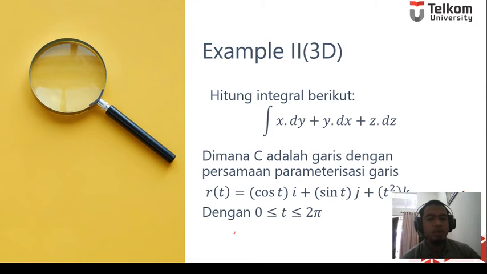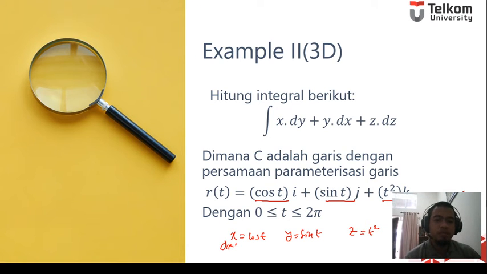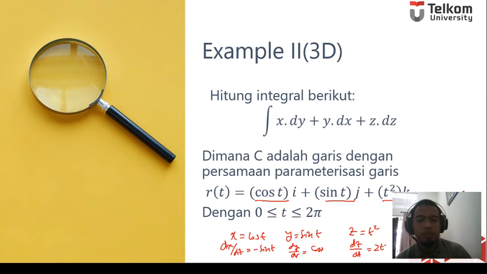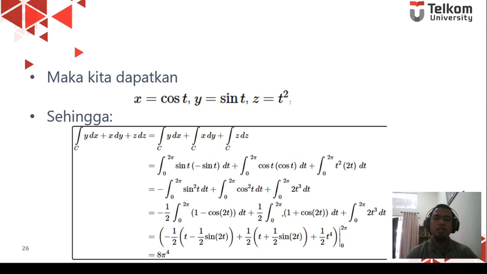So x equals cos t, y equals sin t, and z equals t squared. So dx over dt should be minus sin t, and dy over dt should be equal to cos t, and dz over dt should be equal to 2t, with t from 0 to p. So from here, then we will get this result.